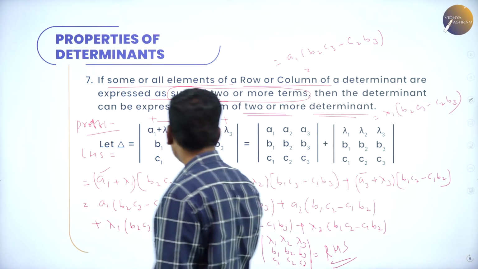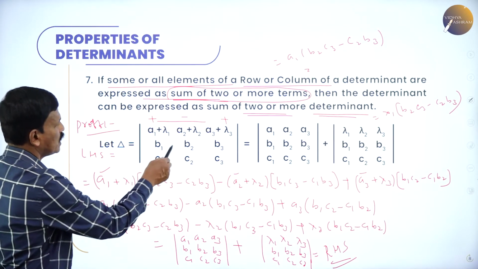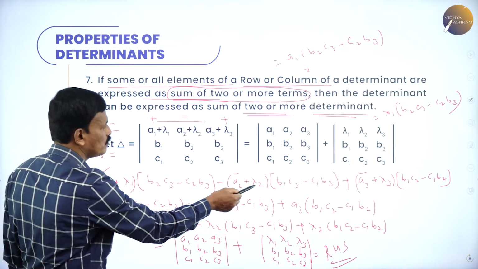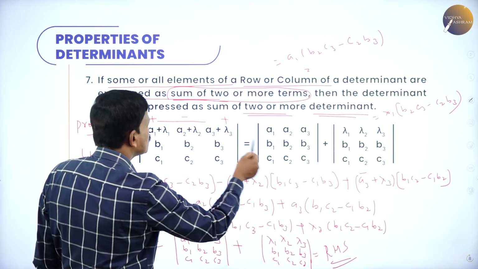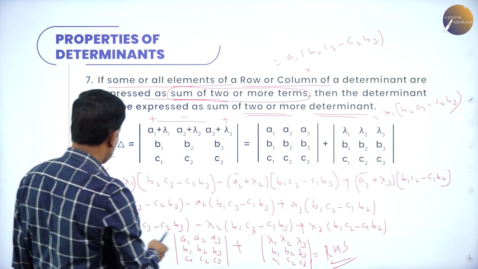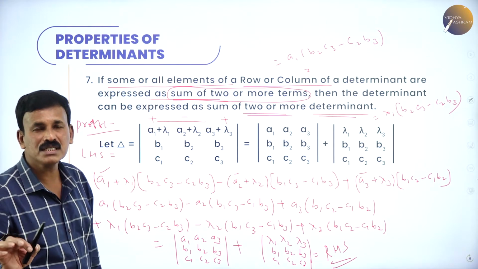Now let us expand this. If I expand, I will get the same LHS. A1 plus lambda 1 into B2 C3 minus C2 B3, minus A2 plus lambda 2 into, this is gone, B1 C3 minus C1 B3, plus A3 plus lambda 3 into, delete this, B1 C2 minus C1 B2. So simplify this. While simplifying, you just take first the A elements, then the lambda elements.